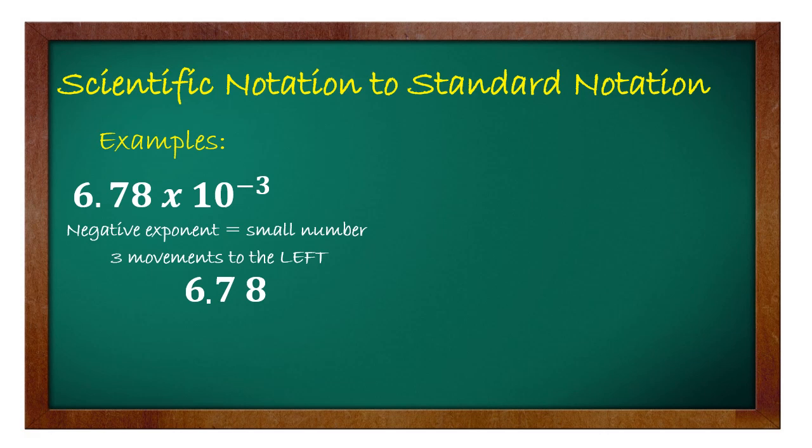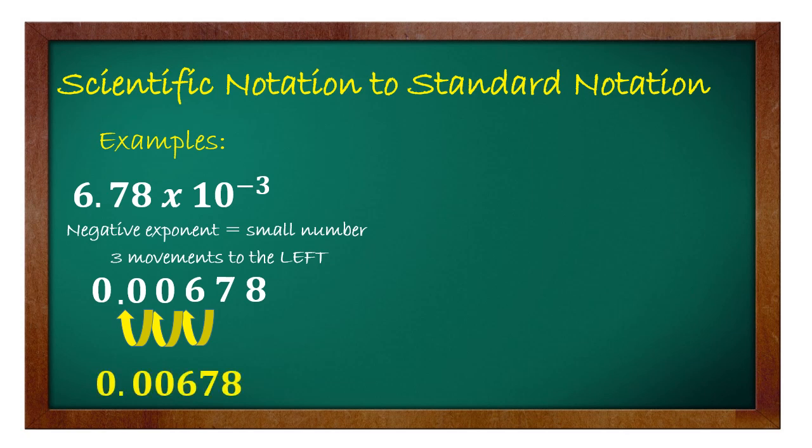So yung decimal point na nasa pagitan ng 6 and 7, gagalawin natin ng 3 beses papunta sa kaliwa. And then may empty spaces tayo, we will add zeros. Since decimal number siya, maglalagay tayo ng 0 after the decimal point. So we have now 0.00678.